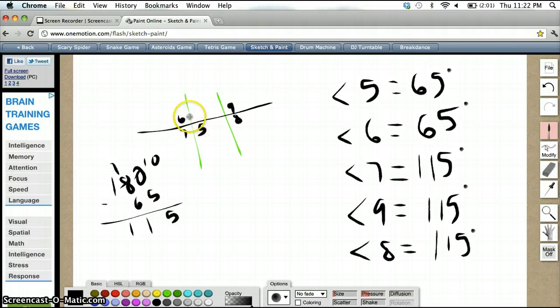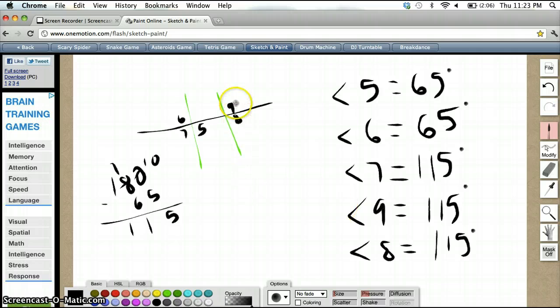Now angle 7. Angle 6 and angle 7 form a straight line, so they're supplementary, or a linear pair. So angle 7 and angle 6 add up to 180 degrees. If we know that angle 6 is 65 degrees, we take 180 degrees minus 65 degrees, which is 115 degrees. So angle 7 equals 115 degrees.